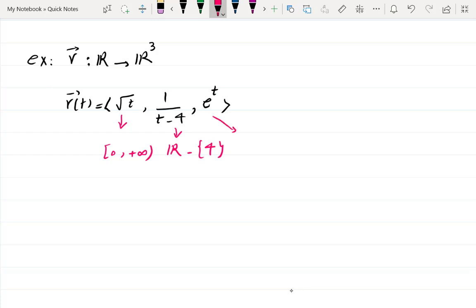And e to the t is defined for all real numbers. Okay, the intersection of these three subsets will be all real numbers which are greater than or equal to 0 except 4.